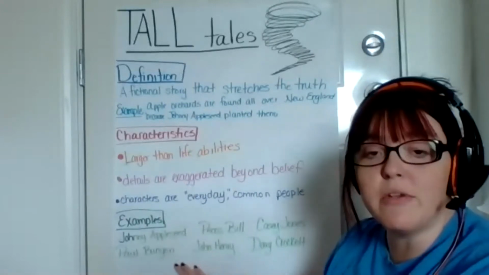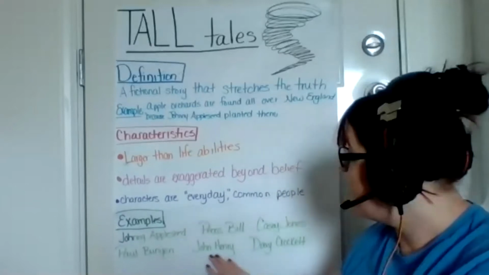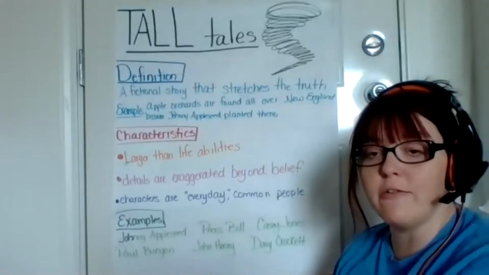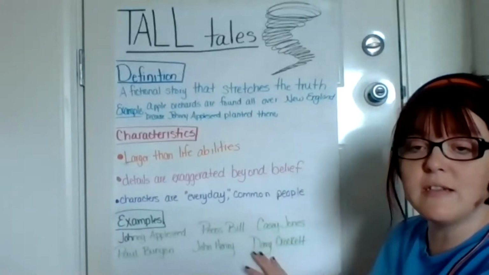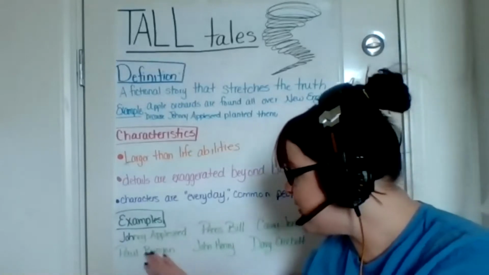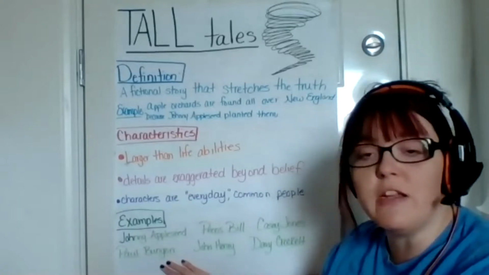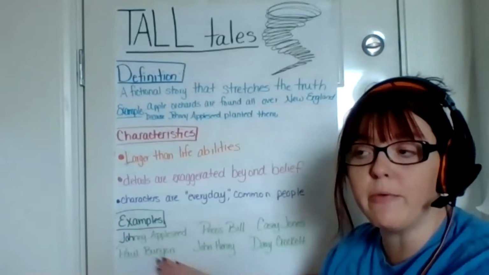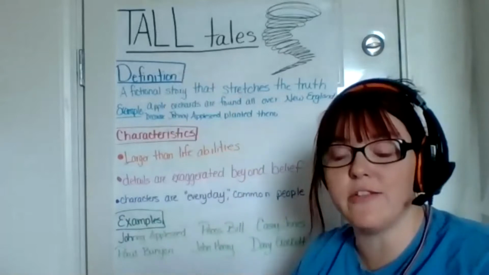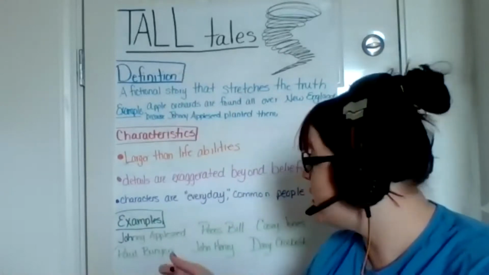Some famous examples, I've already talked about Johnny Appleseed, Paul Bunyan, Pecos Bill, John Henry, Casey Jones, and Davy Crockett. Paul Bunyan is a famous tall tale that takes place up in the northern part of the United States, and he was a giant who cut down lots of trees and had a blue ox as his partner.